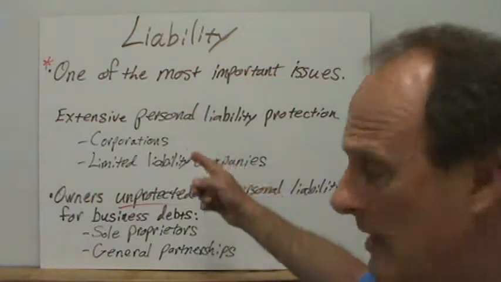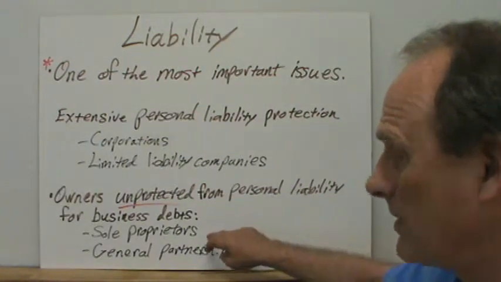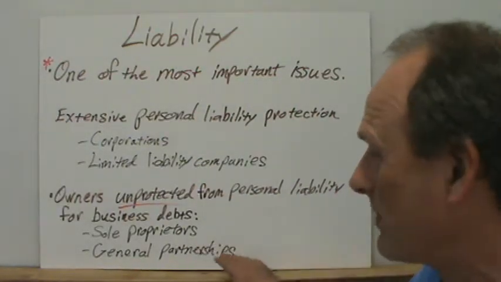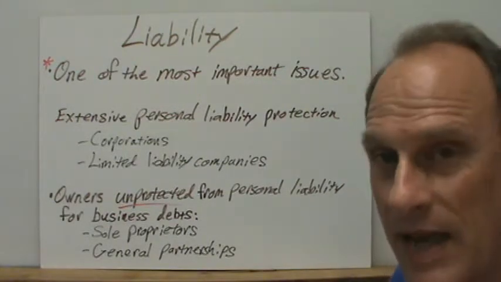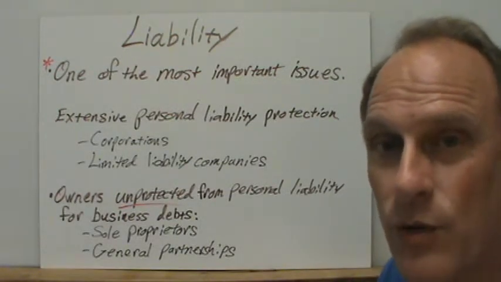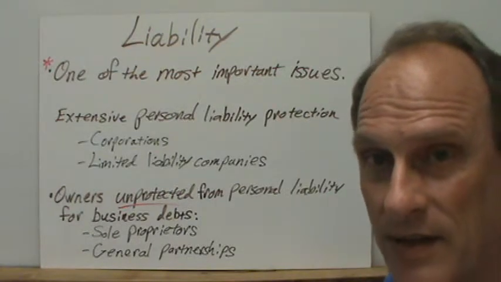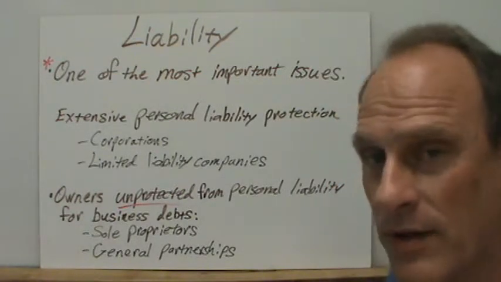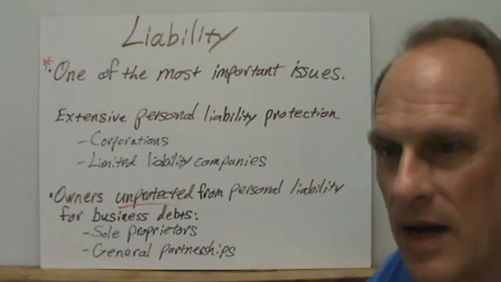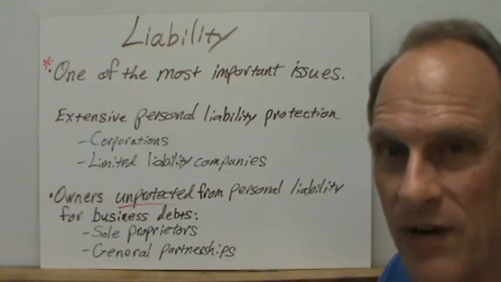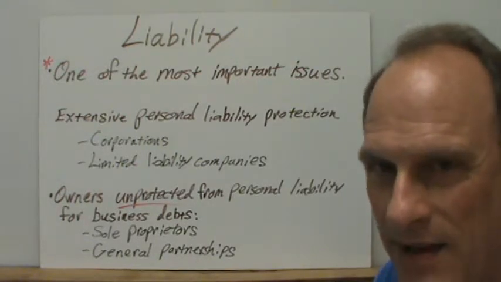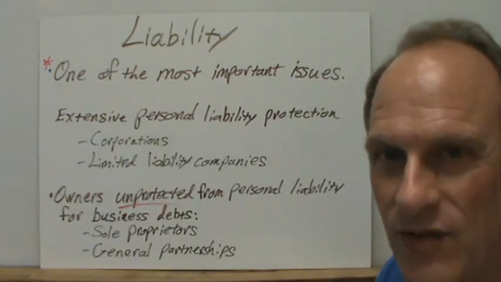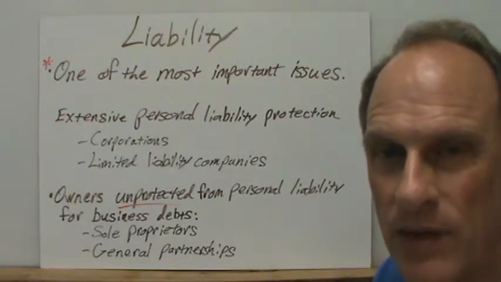But liability is a big issue for those people. Same thing with general partners. In a general partnership, you have liability exposure there too. If I've got a partner that's hiring an employee that's going to be very negligent and maybe does cause accidents, I am bound by that employee's actions while they're in the course and scope of the employment with the partnership.